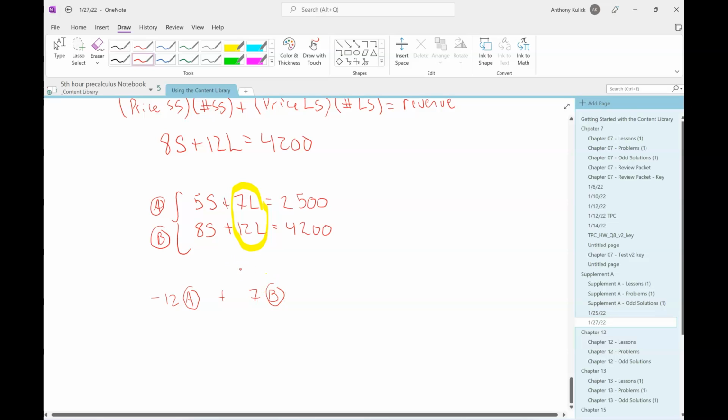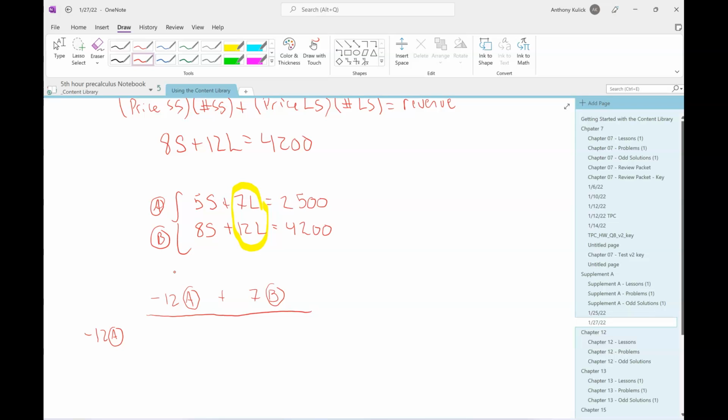We're going to do negative 12 times the first equation and 7 times the second equation, or you flip the negatives; it doesn't really matter which one you want to make negative. Everybody, you buy that? Since 7 and 12 are relatively prime, their least common multiple is just the product of the two of them. That was a lot of words, but you can always do that. If you're not sure what coefficient to try to make opposite, you can just use the coefficients of the other one.